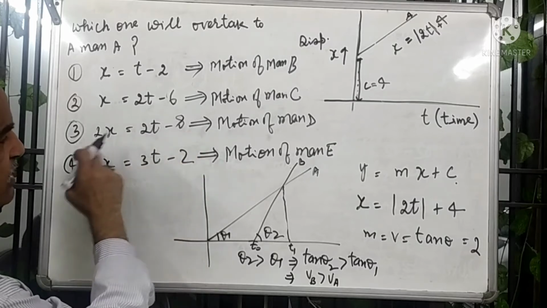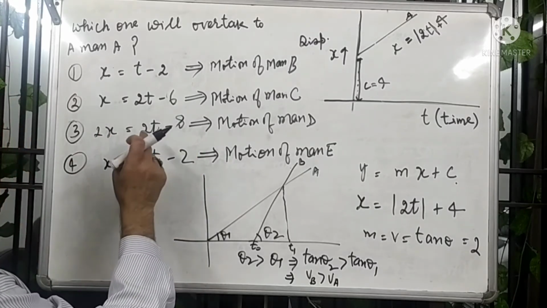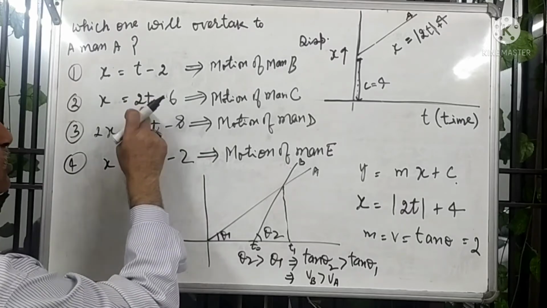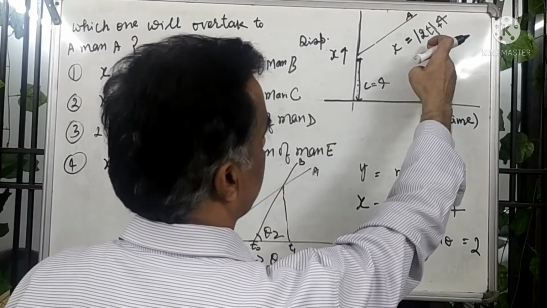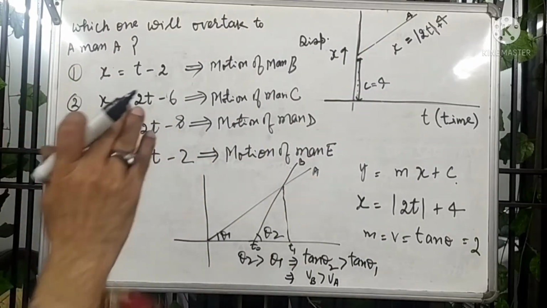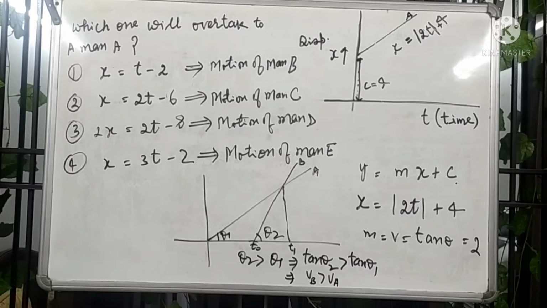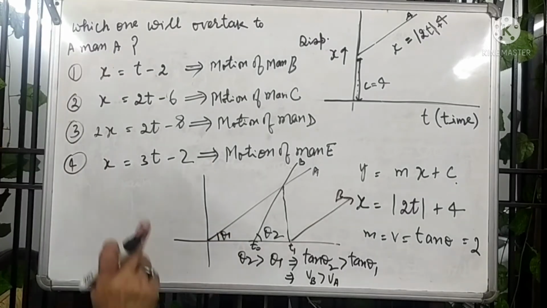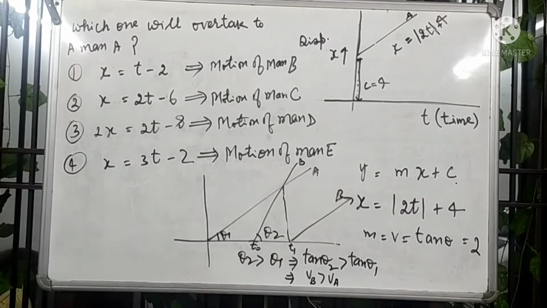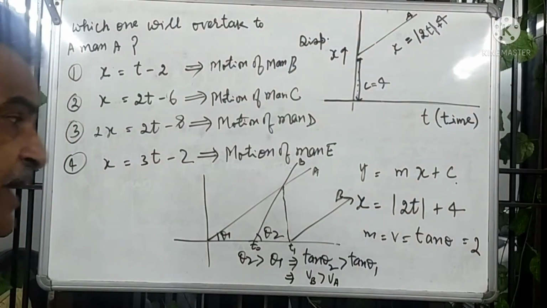You simplify and you will find x = t - 4. So the velocity is 1 unit here, 2 units here, and in this also the velocity is 2 units, m is 2. So these are parallel, and the one whose slope is more has more velocity, and that one will overtake.